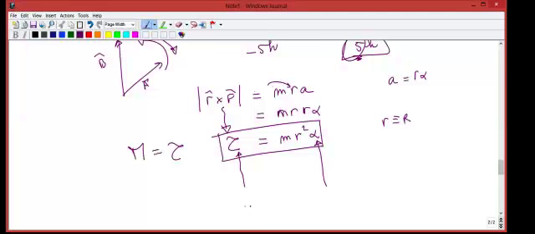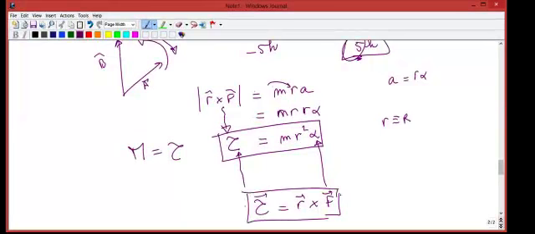So this is how we're going to define R cross F. And in order to obtain the magnitude, we're going to define this as I. So the torque is also equal to I alpha.